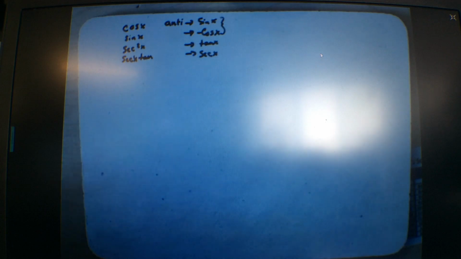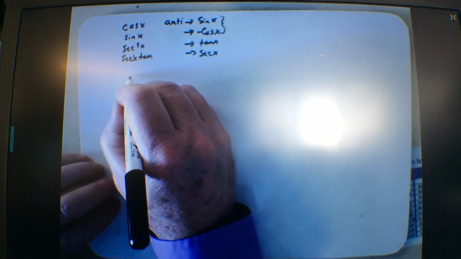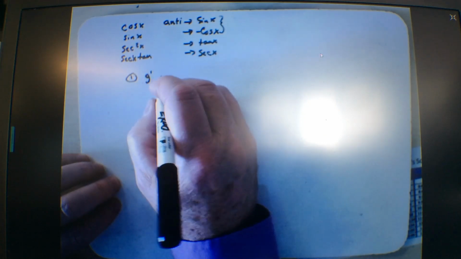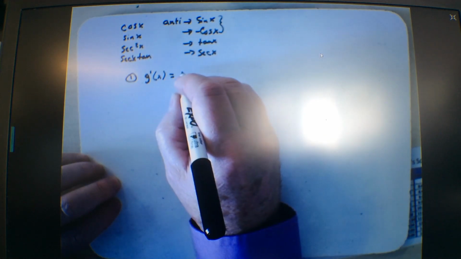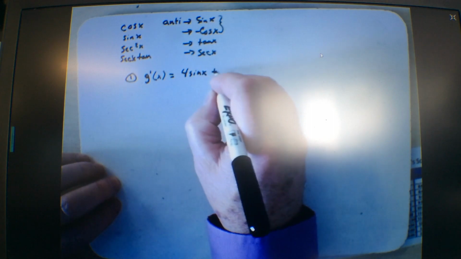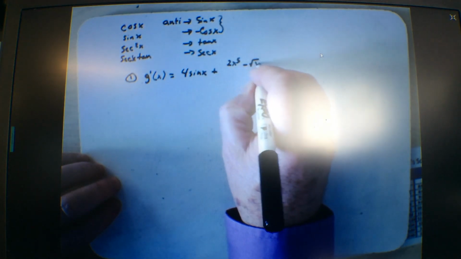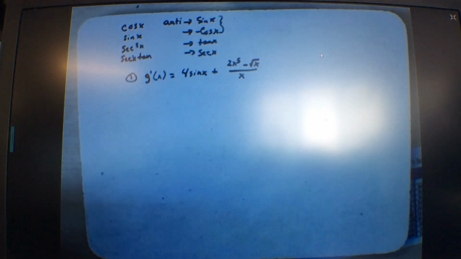All right, so let's take a look at number 1. The derivative of g of x is 4 sine of x plus 2x to the 5th minus the square root of x, all over x. So the goal is to find the antiderivative, or to find g of x.